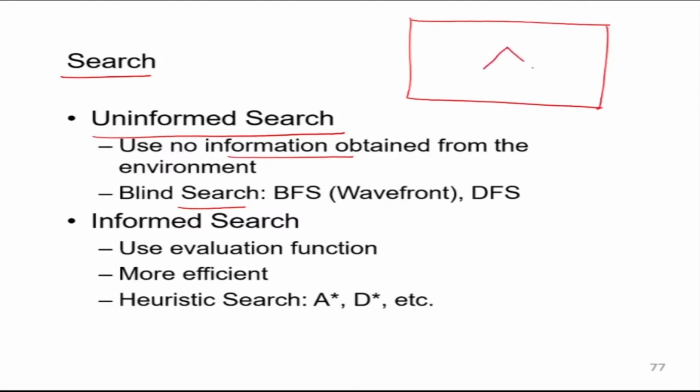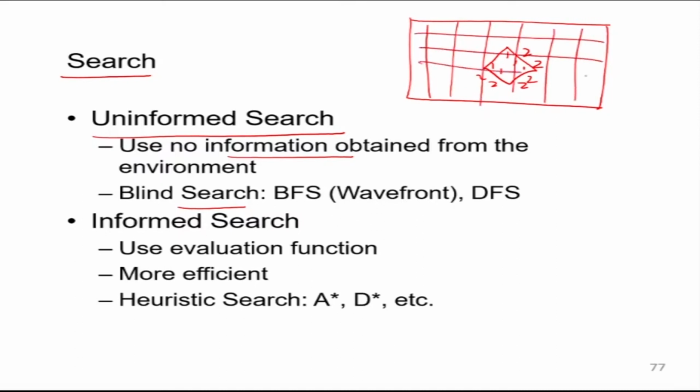So we have an obstacle. We number this as 1 1 1 1 1. The next is 2 2 2. This is basically a grid search. So we make grids like that, and what we do in this wavefront search is that if there's an obstacle here, we name that grid as 1.